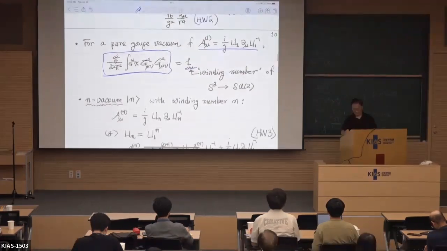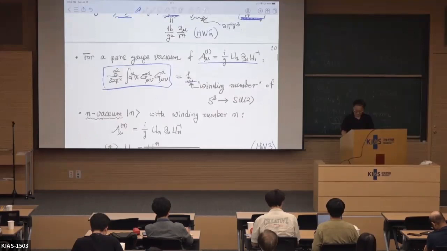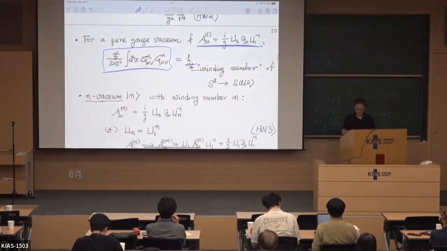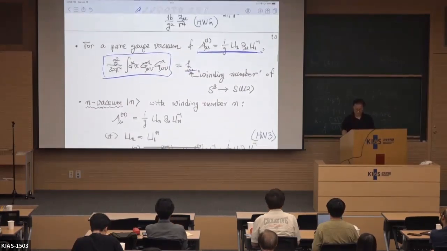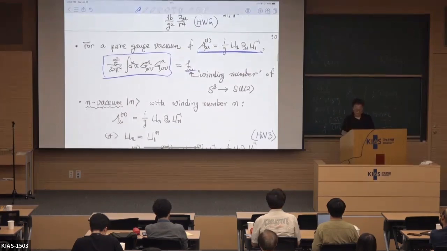So this gauge configuration picks up the non-trivial gauge configuration, with a so-called topological number.